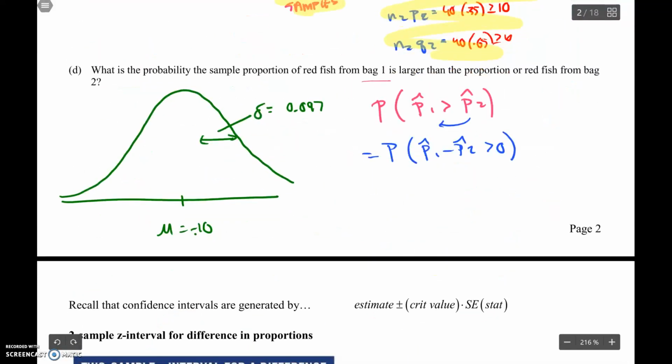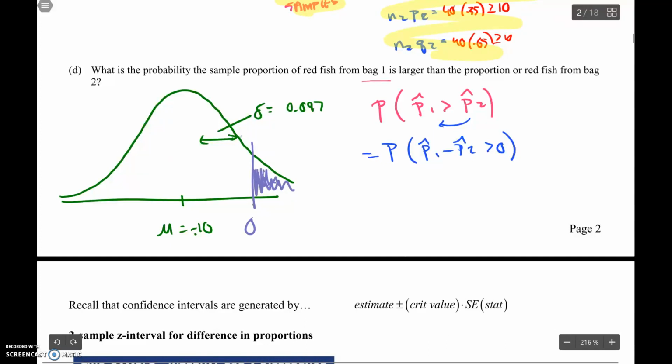I want to find the probability that the difference is greater than 0. So that's going to be kind of about right here, or greater than that. So this is just going to be normal CDF, put those values in. If I were to estimate, I'd probably say maybe 15%, 20%.